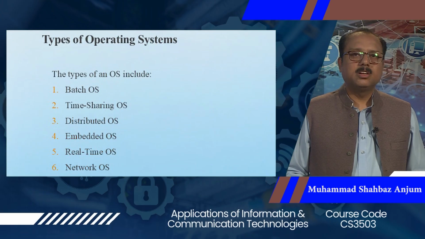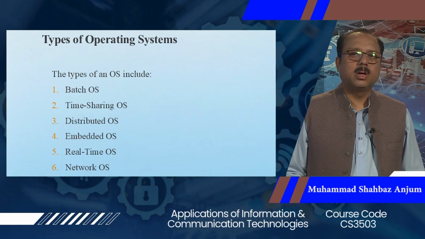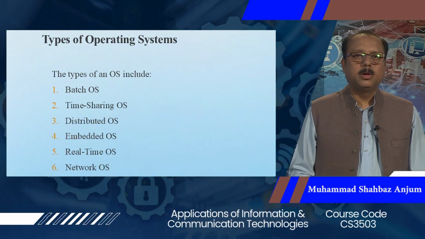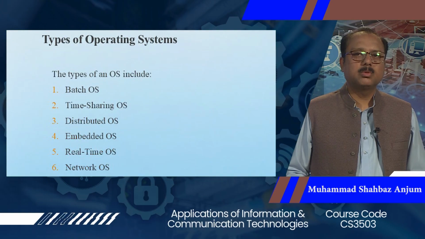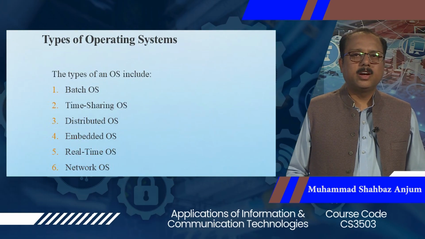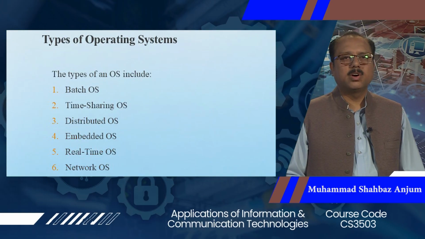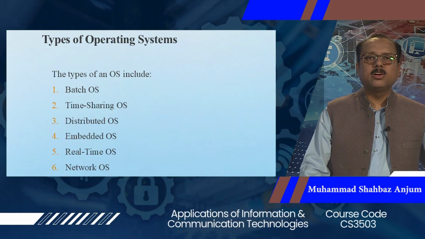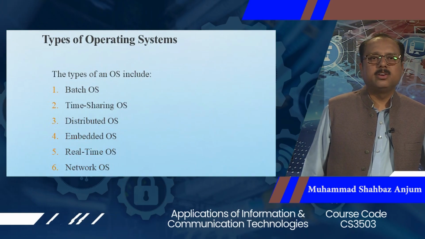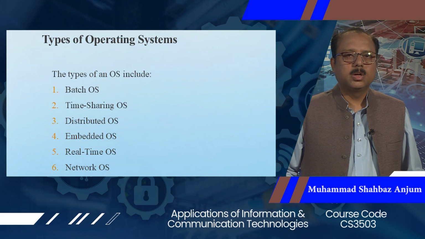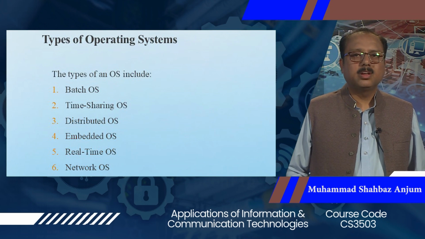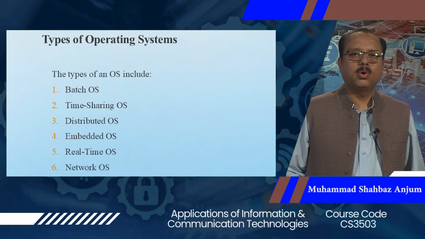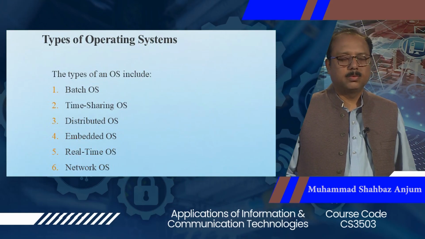For example, medical instruments or aircraft control systems are the best examples of real time operating systems. Number 6, network operating system. These types of operating systems manage network resources and support multiple users over a network, and the examples mainly include Windows Server and Novell Network. So, each type has its own strengths and is suited to a particular task or environment.